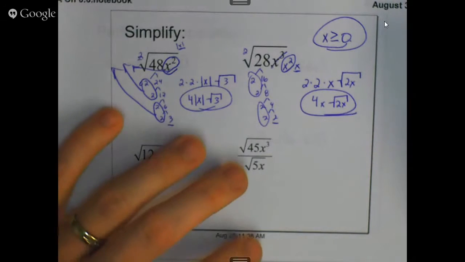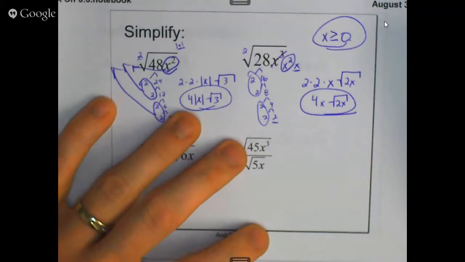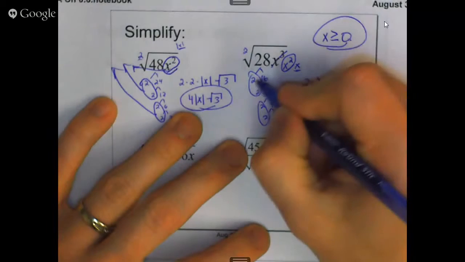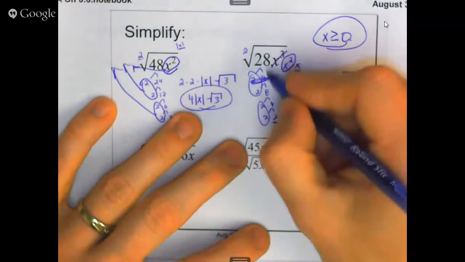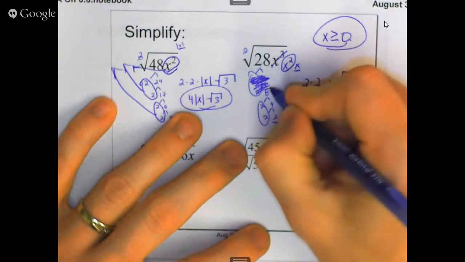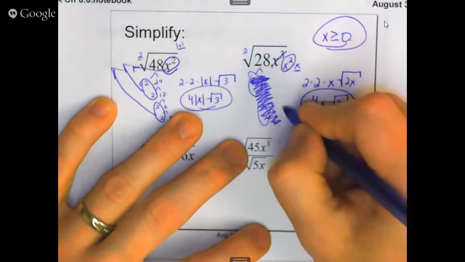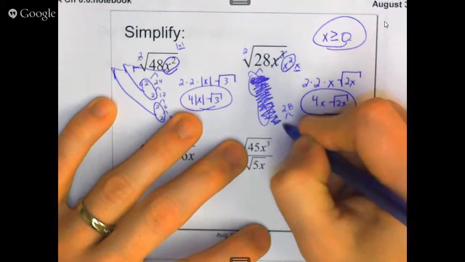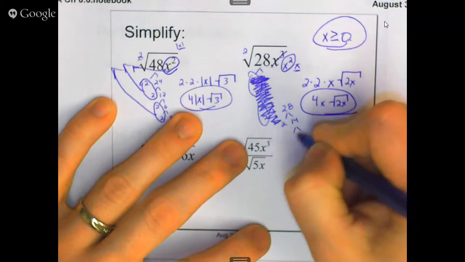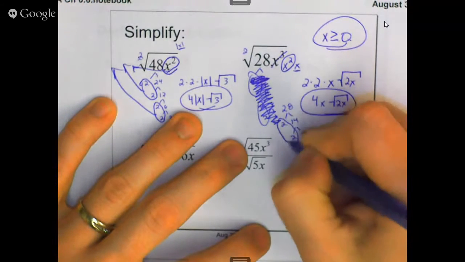We made a mistake here. This right here. 28 breaks down to 2 and 14 and 2 and 7. That's my fault.